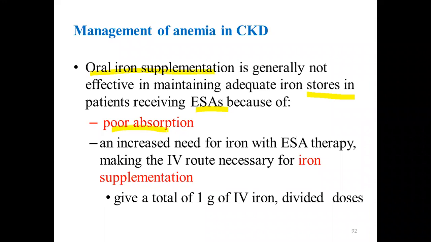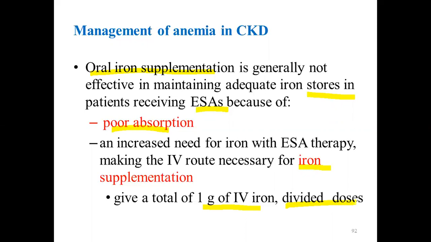Iron absorption in CKD patients is really very poor because of activation of the inflammatory reaction that can even affect iron absorption, and there is also increased need for iron with ESA therapy. So in such a scenario, we need to give IV replacement therapy, and mostly a total of 1 gram of IV iron is usually recommended, but it should be given in divided doses.